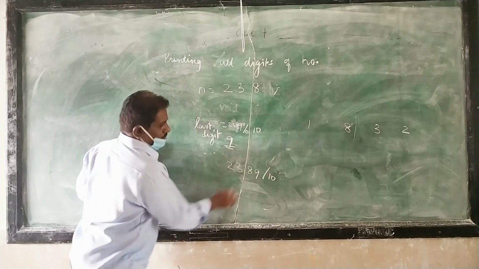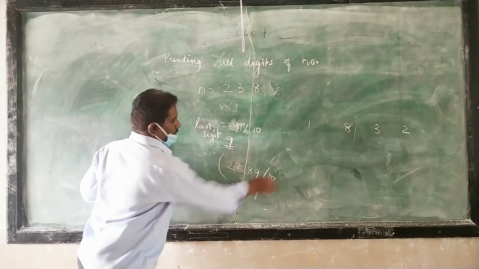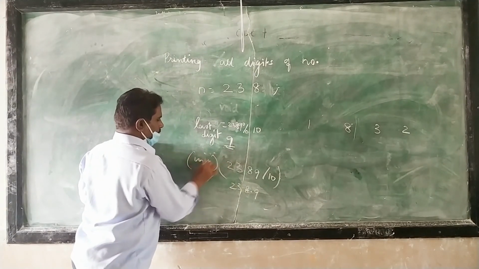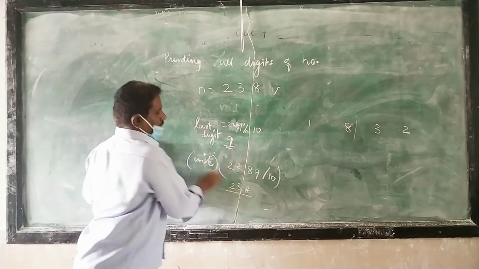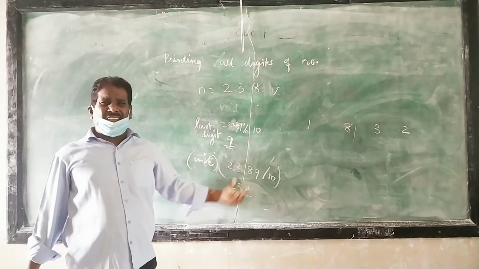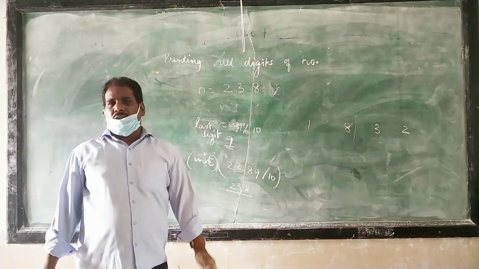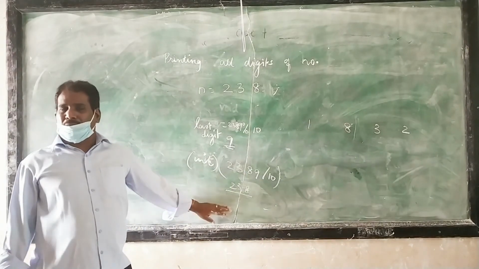What will be the answer? 238.9. If you make it integer data type, integer conversion, 0.9 will go. So it will be 238. So here the last digit is dropped. By this calculation we can remove the last digit from the number.